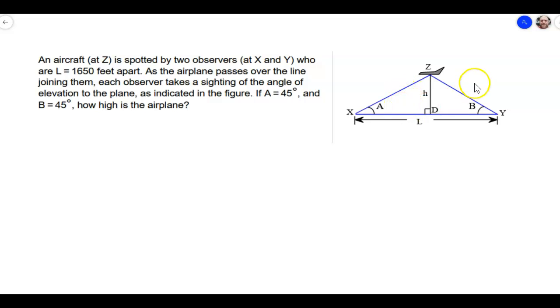These two sides have to be the same length, because this is also an isosceles triangle since these two angles are the same. So you can have a squared plus a squared is equal to c squared, and we know what that is. So we can pretty easily solve for these sides and then find the height.